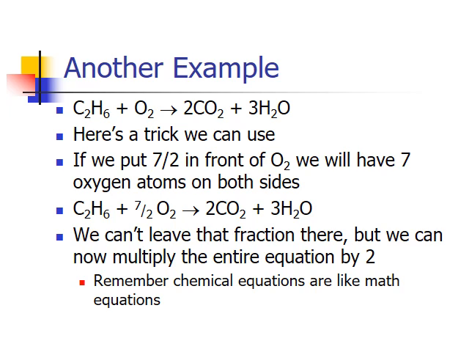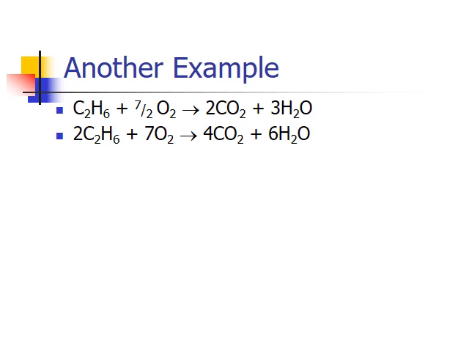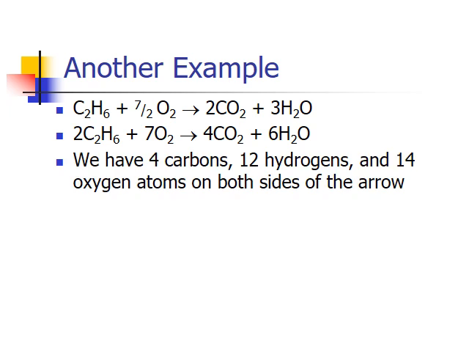We can't leave the fraction there, but because our chemical equation is like a math equation, we can multiply the entire thing by 2, and that will get rid of the fraction. Multiplying through by 2 gives us 2 ethanes, 7 oxygens, 4 carbon dioxides, and 6 waters.